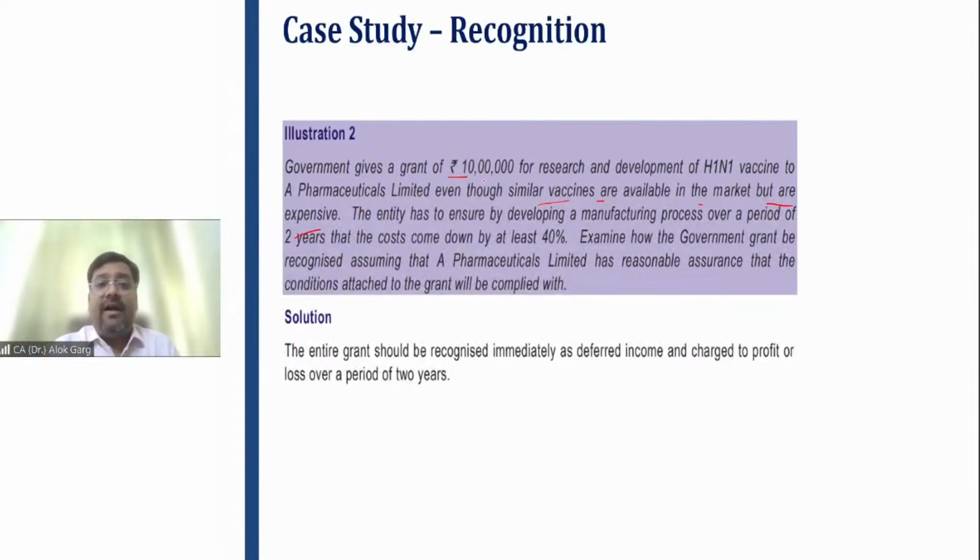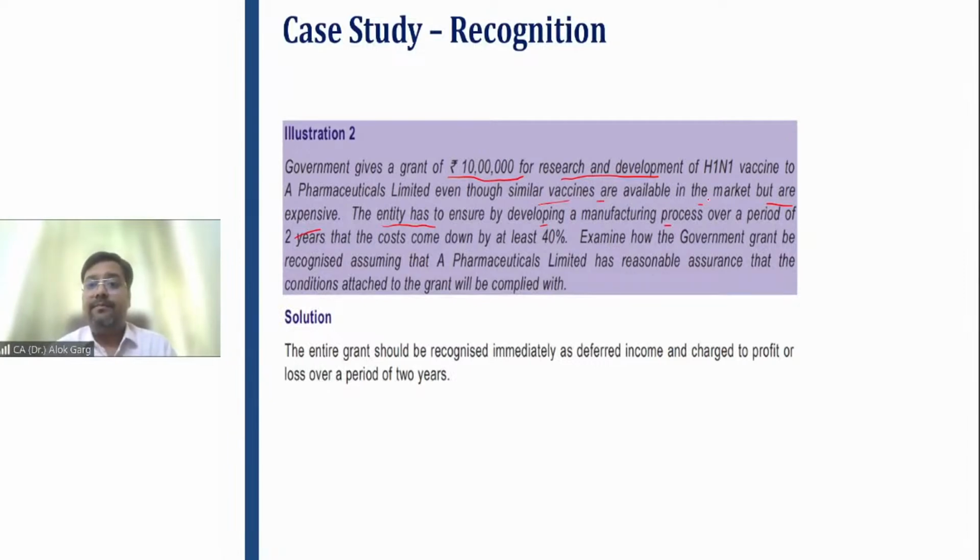The government is giving a grant of rupees 10 lakh for research and development expenditure. The entity has to ensure, by developing a manufacturing process over a period of 2 years, that the cost comes down by at least 40%.